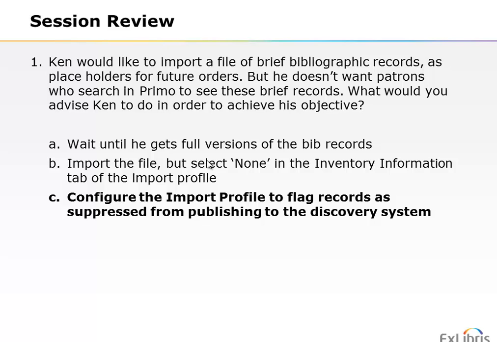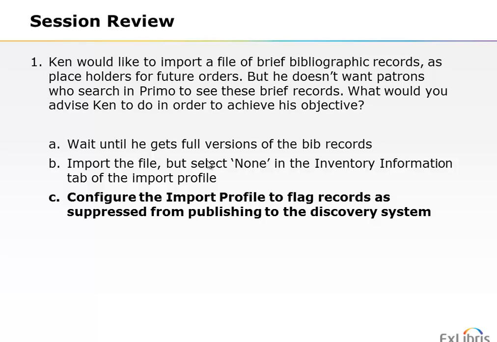Ken could, of course, wait until he gets full versions of the bib records, but that would defeat the purpose. He wants to import brief records in order to use them for creating orders for inventory for those bib records. So A would not be a satisfactory solution. B would also not allow Ken to achieve his objective.